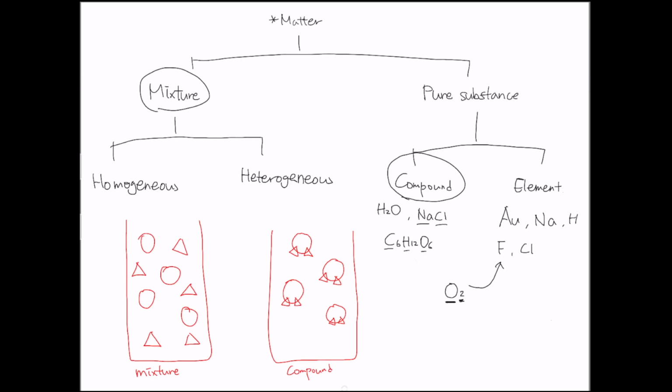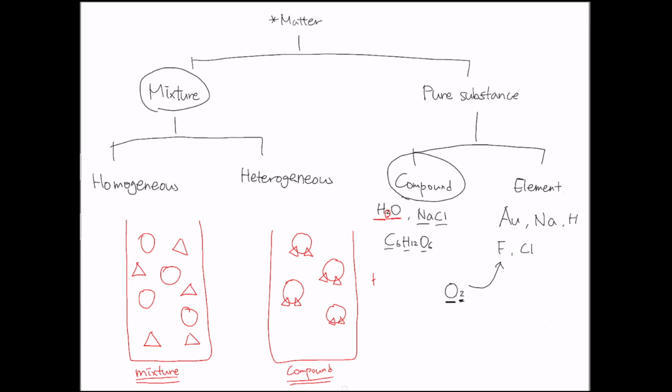So the biggest difference between these two is that for the mixture, you don't have to have a specific ratio. You can have 10 circle, 5 triangle, or 5 circle and 2 triangle. It doesn't really matter. But for the compound, you have to have a specific ratio. So every 1 circle, we have to have 2 triangle. Like for example here in water, every 2 hydrogen, we have to have 1 oxygen.